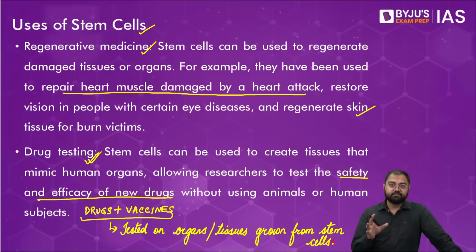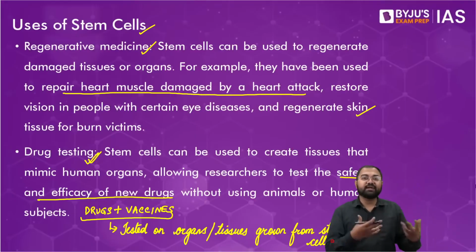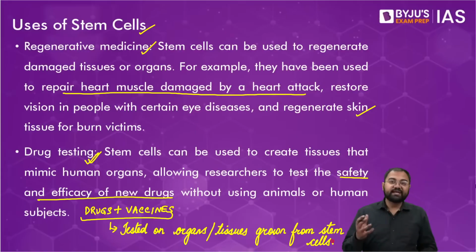First, let's say there is a new vaccine that is supposed to work on the lungs of a person. In that case, instead of testing on a person, which can have a lot of side effects and in some cases can even lead to death, instead of taking that risk, we'll try to grow organs like lungs, or grow the tissues near the lungs, and then do all the tests there and see what's happening.